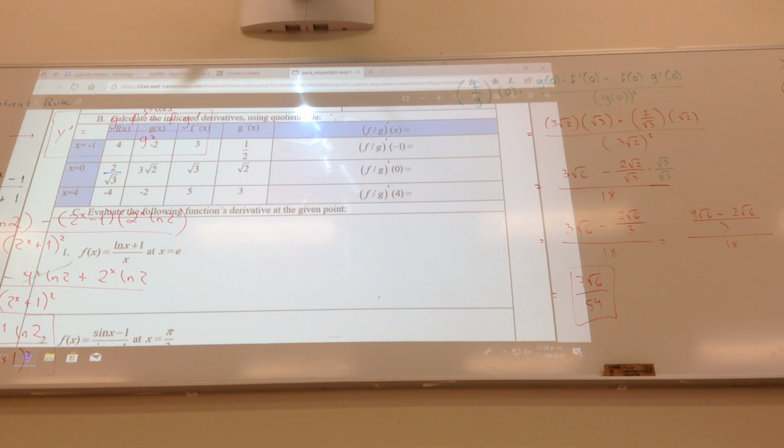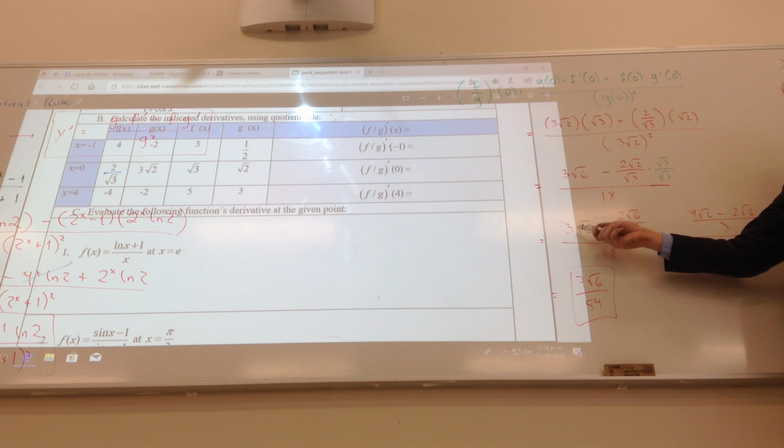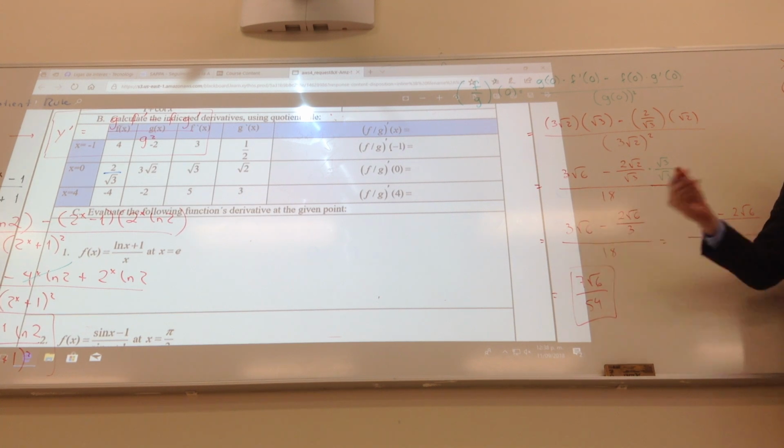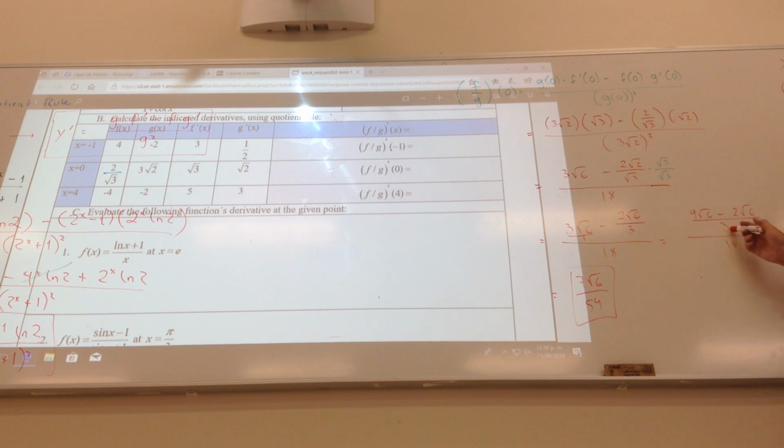Why 9 square root of 6? This is a fraction, this is not at the beginning. So the denominator for this is 1. Common denominator is 3.